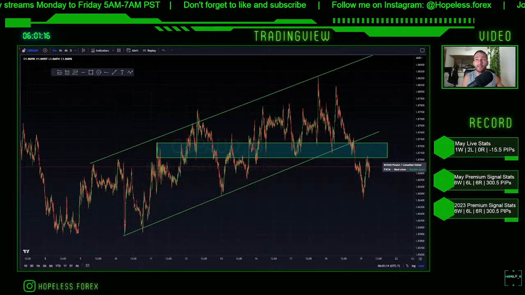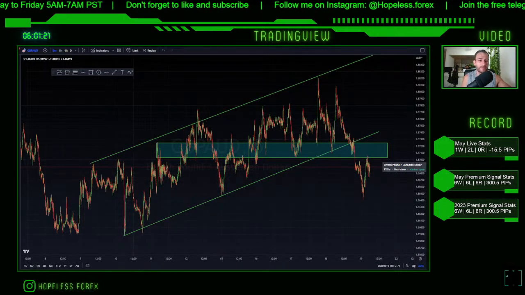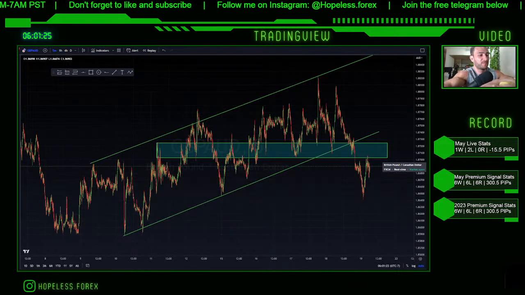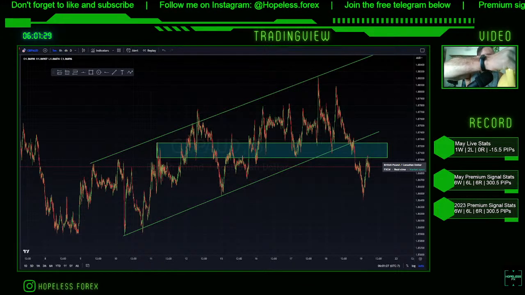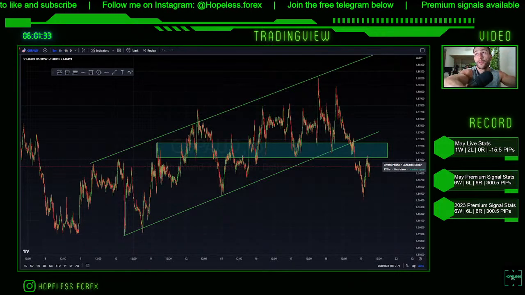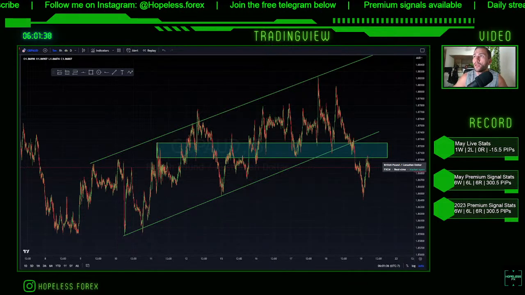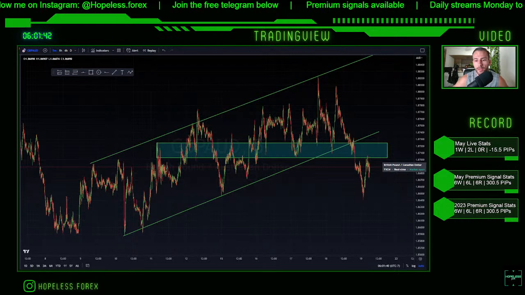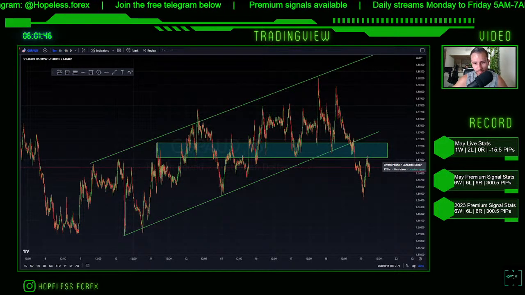If you're wondering how I organize my pairs, you're like, I feel like there's a pattern to it. It's because it's all alphabetical. Yes, I'm that silly. I order my pairs alphabetically. So the first pairs we went through are the Australian base pairs, and then Canadian base pairs, Euro base pairs, British pound base pairs, NZD base pairs, USD base pairs.